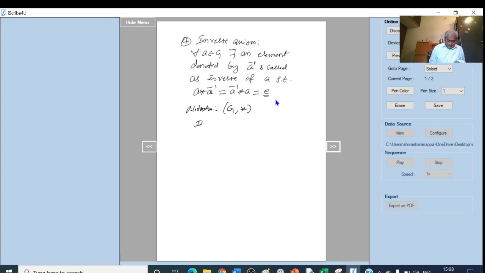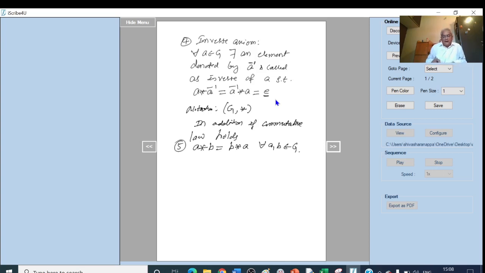And here, in addition to these 4 axioms, if commutative law holds, that is, A star B is equal to B star A for all A and B belonging to G, this is the additional condition, so we take this as the 5th axiom.